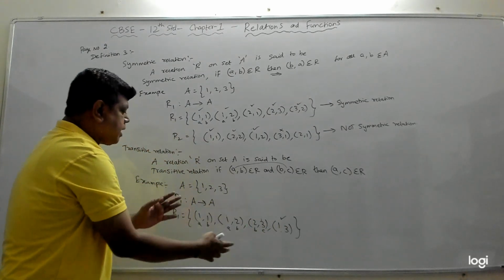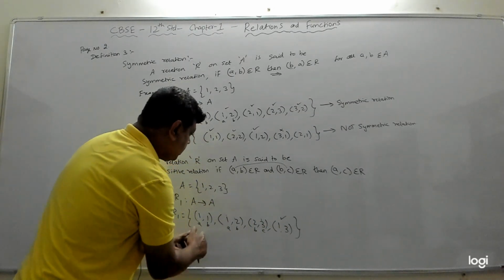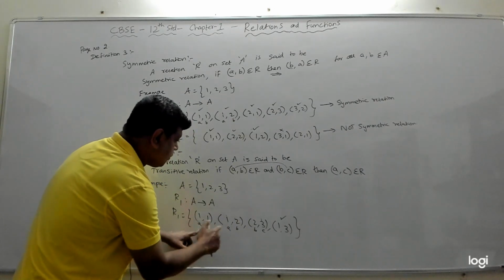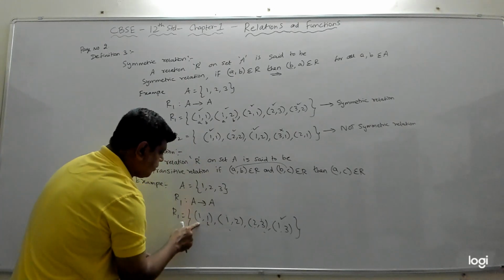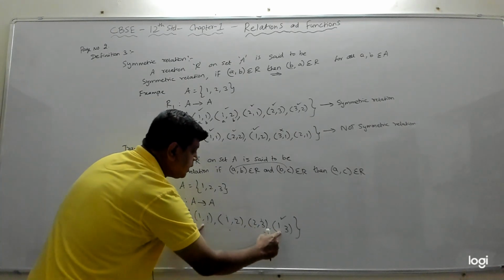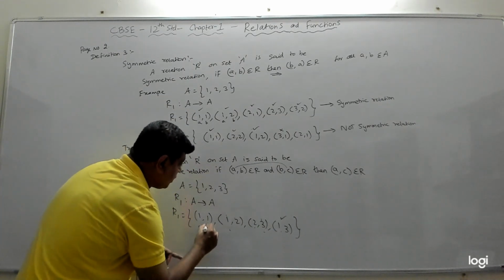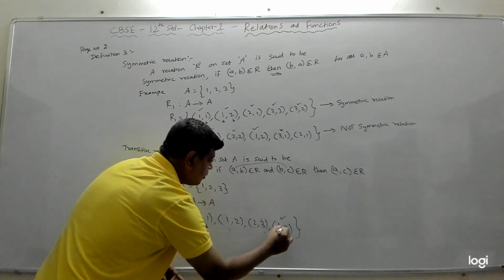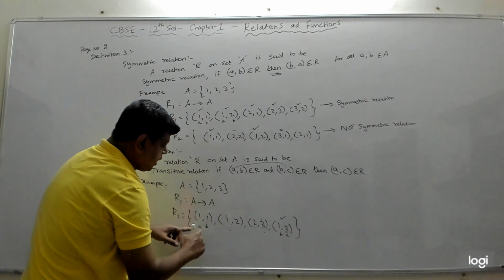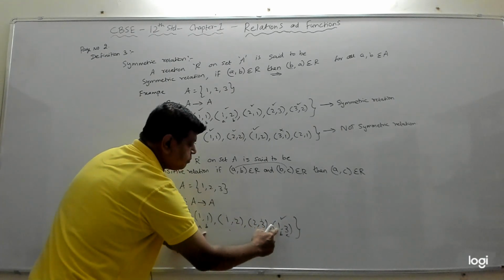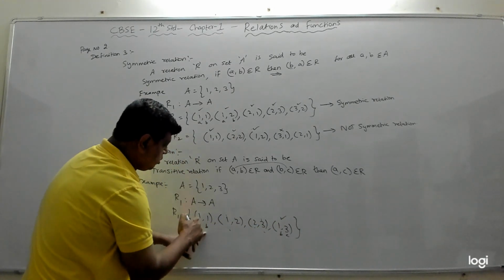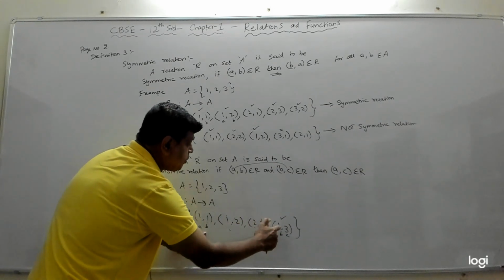Is any other pair there? We can take one ending with 1. We can take these two: 1 comma 1 and 1 comma 3. Let's take this. This is A comma B. This is B comma C. Now 1 is related to A comma B, then B is ending with 1, so starting with 1. So 1 comma 1, again 1 comma 3.